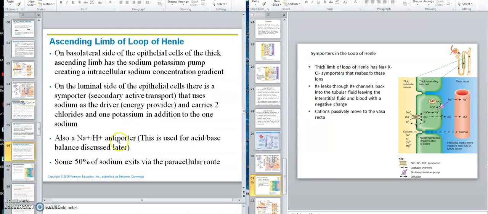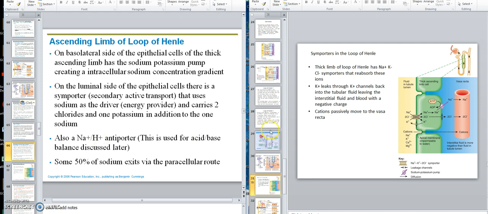So all of this we've talked about. We also have, which is not shown, a sodium-hydrogen antiporter. This is used for acid base, which we can discuss a little later. And what you're doing is using sodium and getting rid of hydrogens.